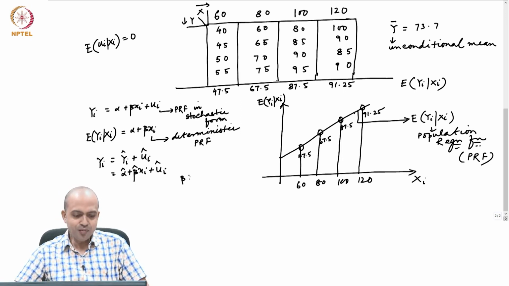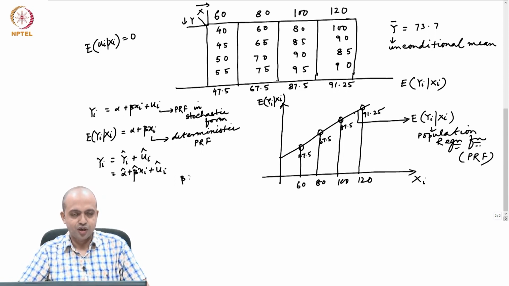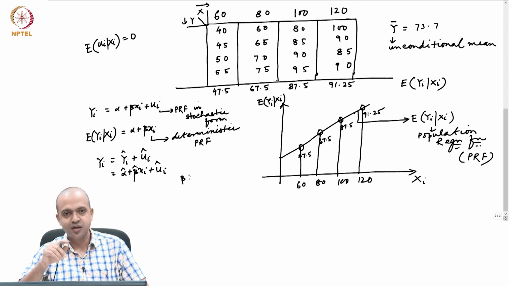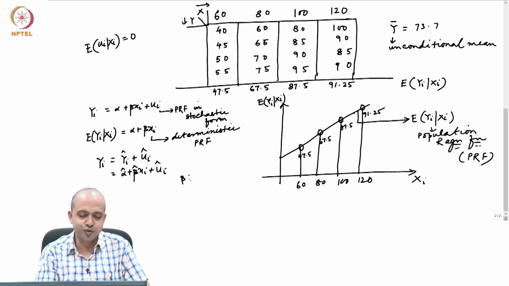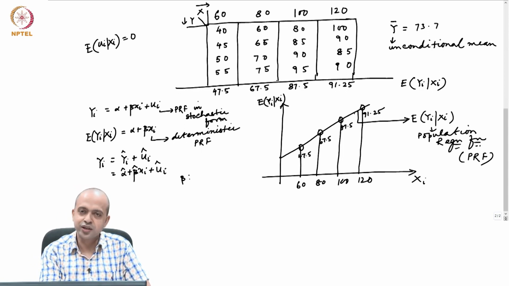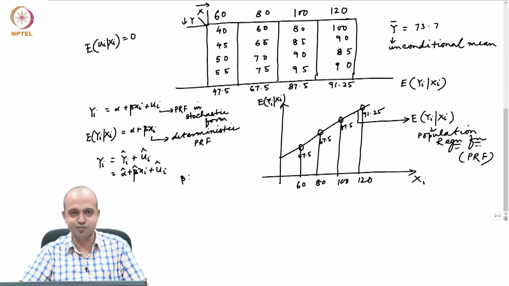But the problem here is that since this population regression function involves a stochastic error term, I cannot interpret beta that way, because differentiating yi with respect to xi gives you beta only when there is no error term involved. Only then can you interpret beta as the change in consumption for a unit change in income.